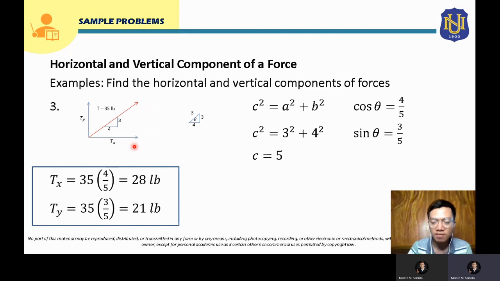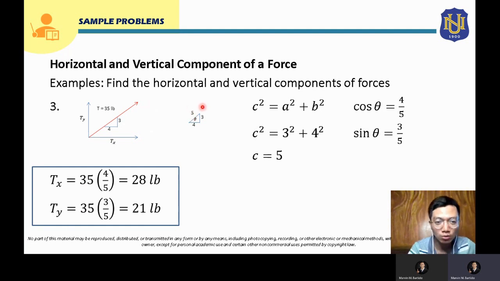Now, to put this simply, we can actually solve the horizontal and vertical components of force T in a simpler way. When you have a slope triangle, what you really need to do is to solve first for the hypotenuse.